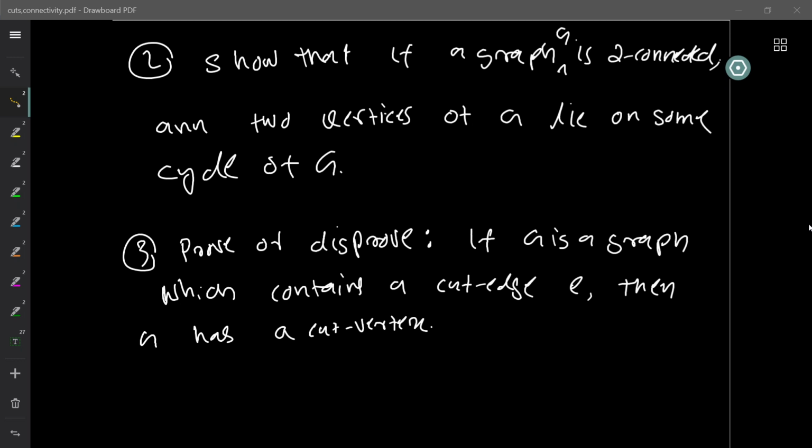That is, if a graph has a cut edge, then it also has a cut vertex. So this is a statement, and see whether it is true or not, and then try to prove or disprove it.